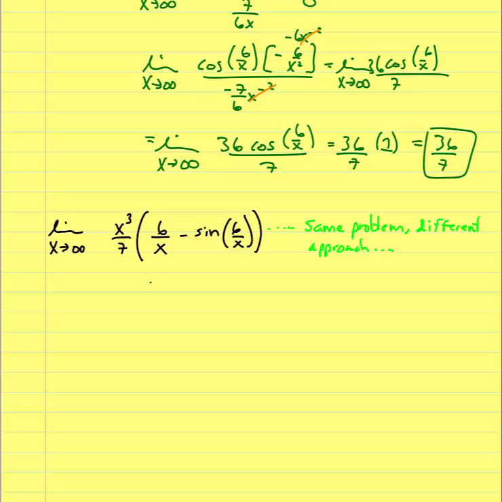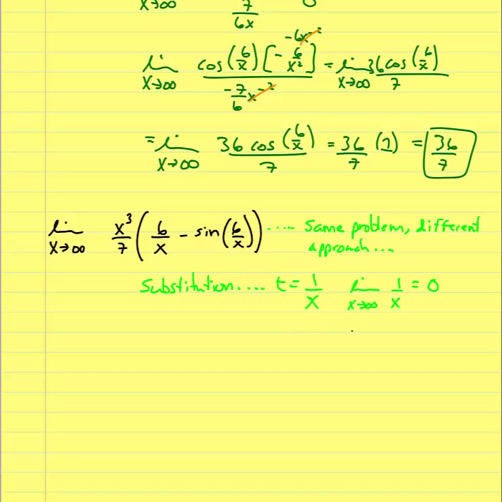So let's make a substitution. So for this one, let's do a substitution. Let's let t equal 1 over x. Now the reason we want to look at t equal 1 over x is that the limit as x approaches infinity of 1 over x is going to be equal to 0.